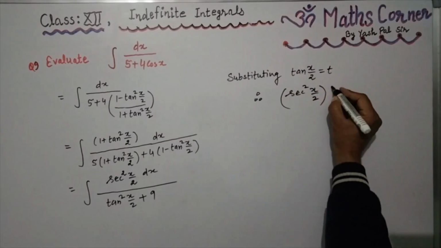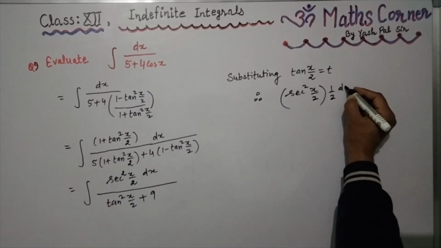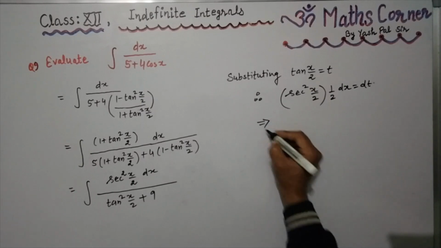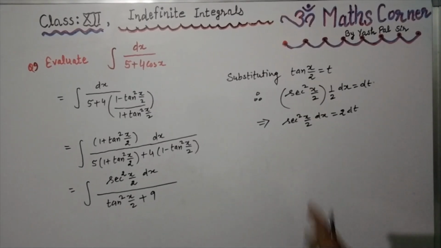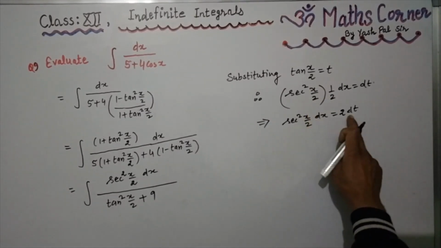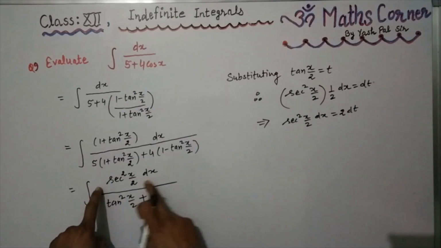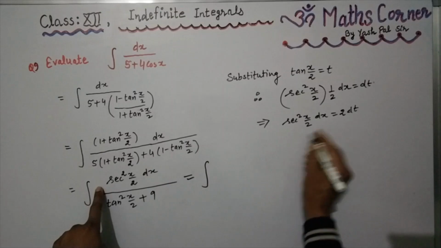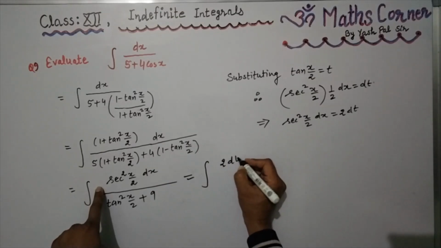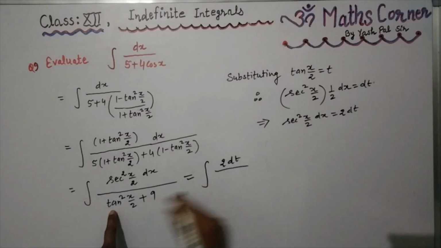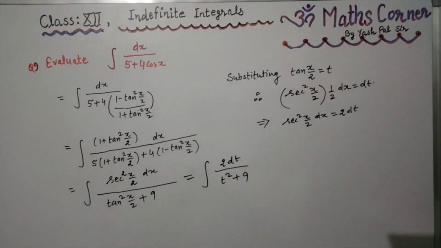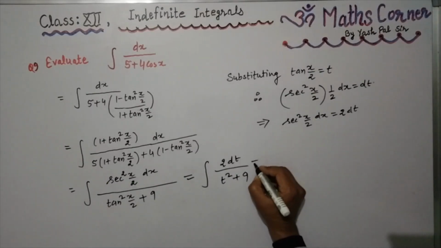Now we can take the substitution. Substituting tangent x by 2 is equal to t, so its derivative is secant square of x by 2 into derivative of x by 2, which is 1 by 2, into dx equal to dt. Meaning, we can conclude secant square x by 2 into dx equals 2 dt.